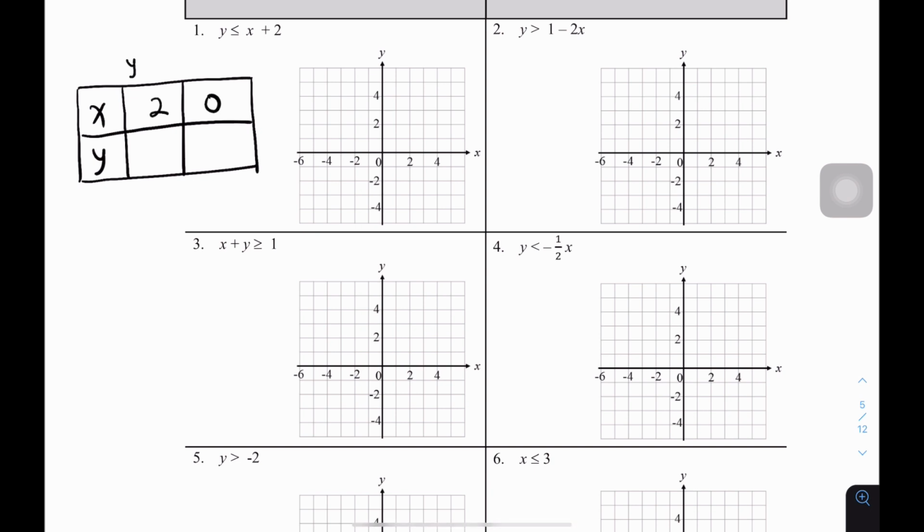Saya ada y equals x plus 2. When x equals 2, 2 plus 2 equals 4. Next, when x equals 0, 0 plus 2, y equals 2. So kita ada dua koordinat. The first one is 2, 4. The second one is 0, 2.